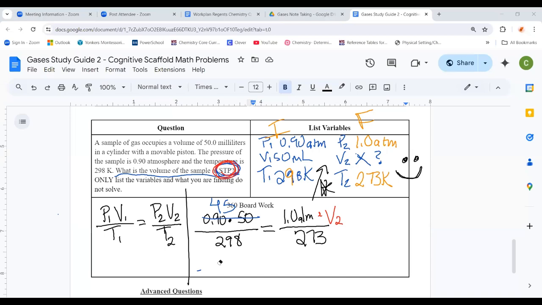If you're comfortable leaving it where it is, that's fine too. All right, so if I go this way to keep my x on my left-hand side, I'm going to get 298 times 1 times my V2, which is my x. So that's basically just 298 times V2, right? Because this is times 1, and everything times 1 is itself.